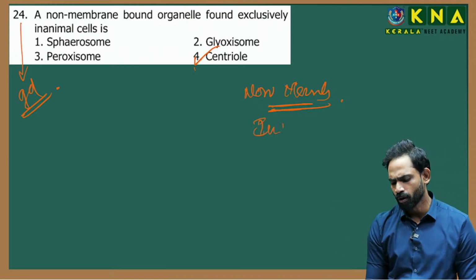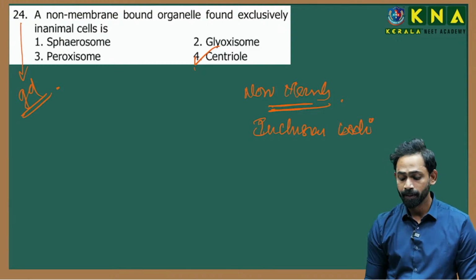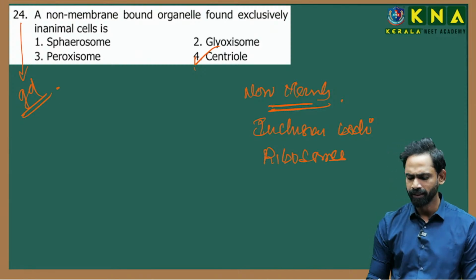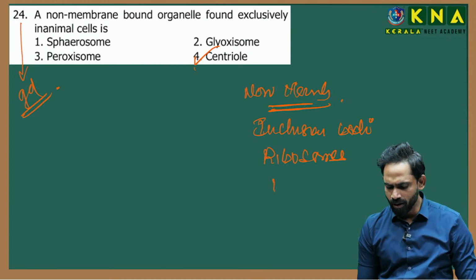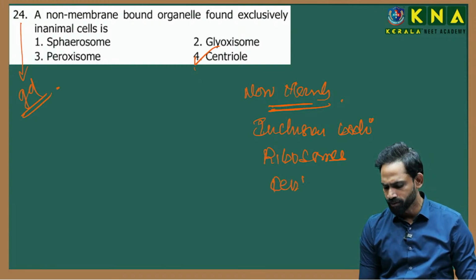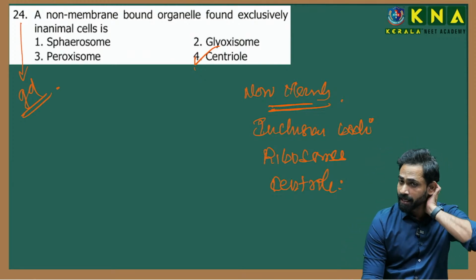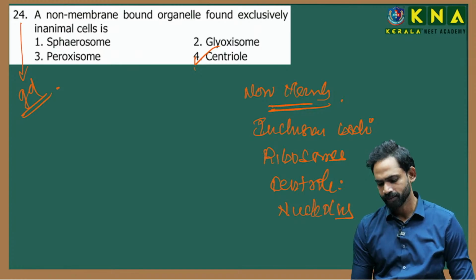One is the inclusion bodies. Remember? The next one is the ribosomes. The next one is the centrioles. Next, is the nucleolus.